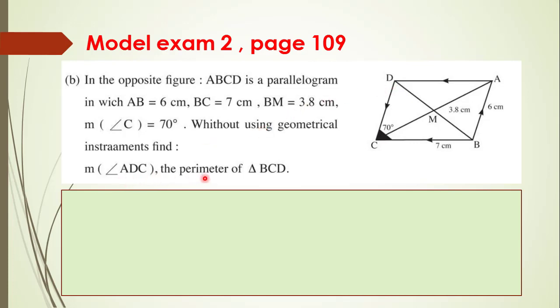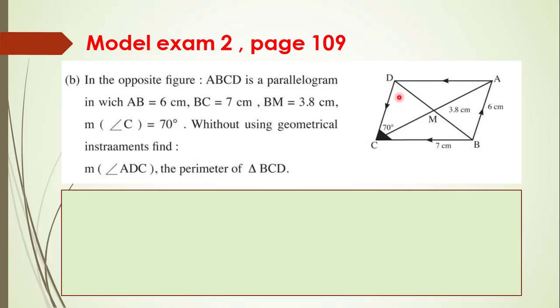Also, I want the perimeter of the triangle BCD. Where is the triangle BCD? This is BCD, this triangle. The perimeter will be the summation of its lengths: 7, and here of course CD equals AB, so equals 6. 7 plus 6. And what about DB?